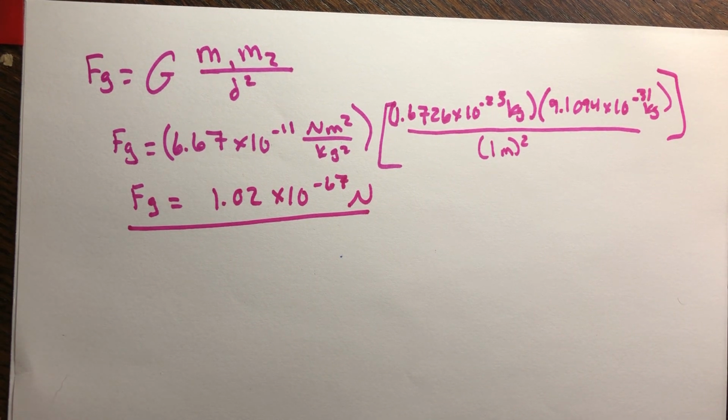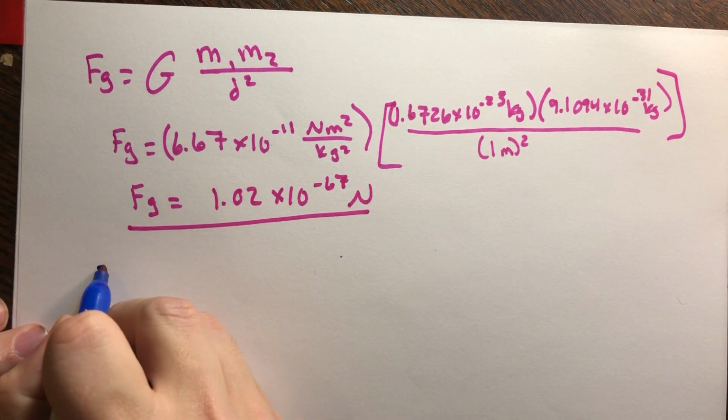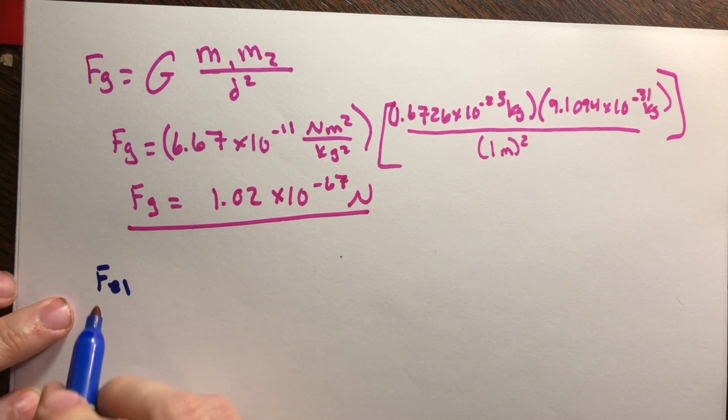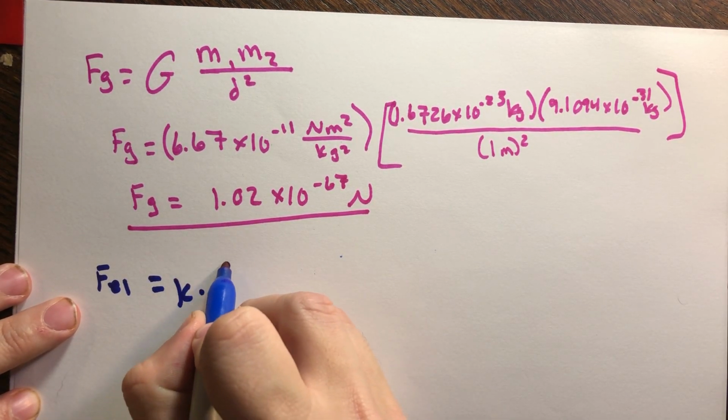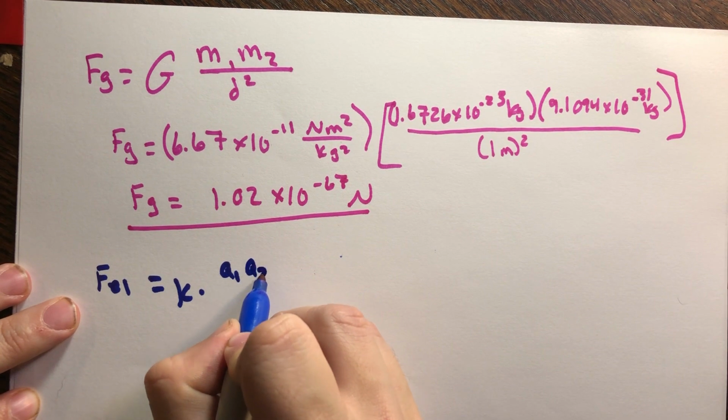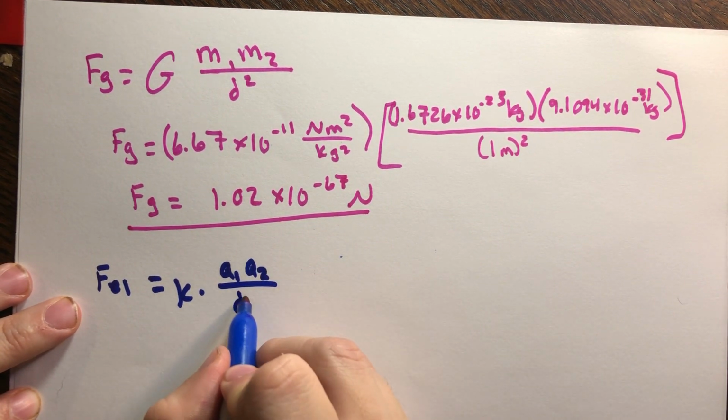We have to do a similar thing, just plug in some numbers to find the electric force. We know that the electric force, which I'll call F of EL, is just K times the charge of the first, times the charge of the second, divided by the distance between them squared.